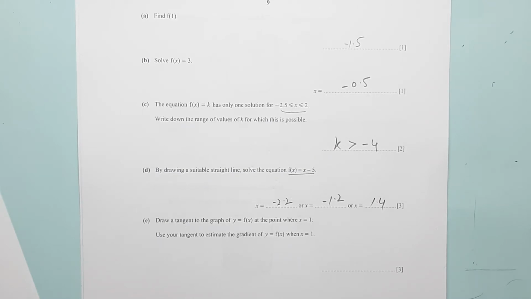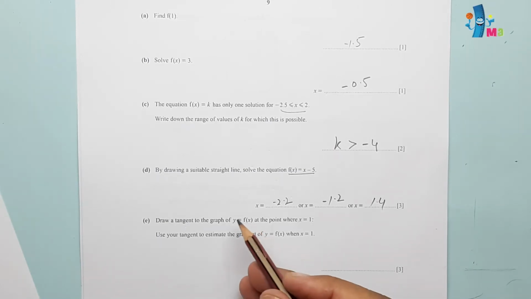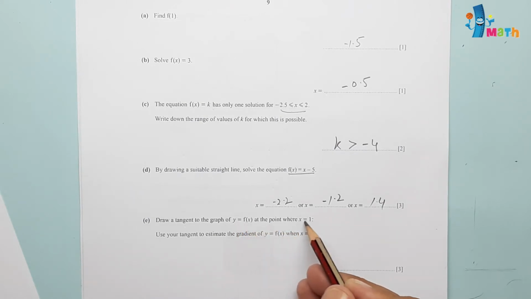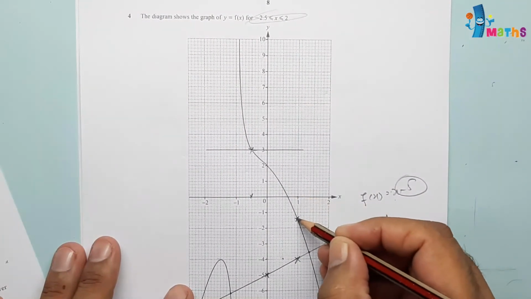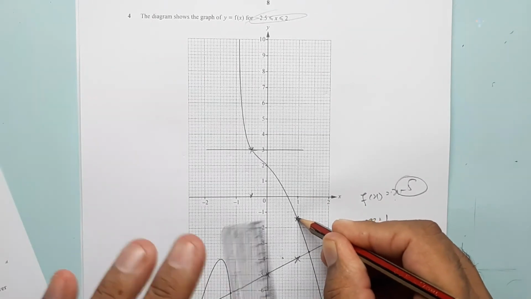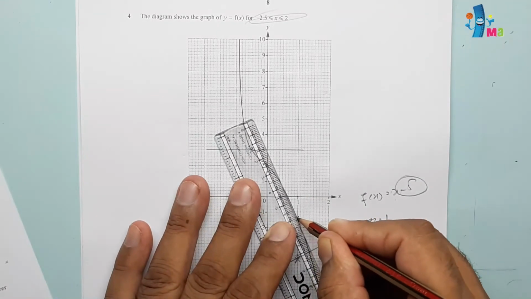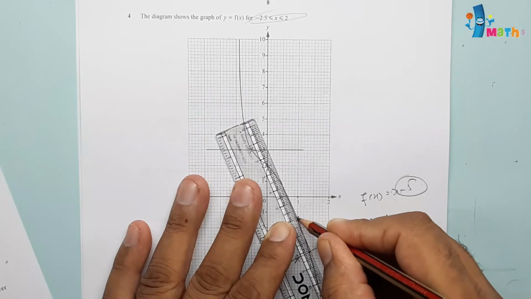Then the next part, draw a tangent to the graph of y is equal to f of x at the point x is equal to 1. So at x is equal to 1, this is the point on the curve, and we have to draw a tangent at this point.